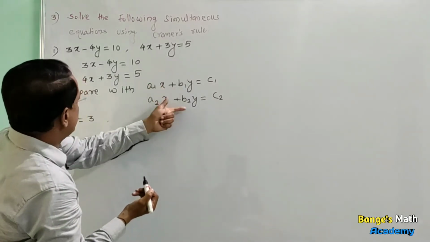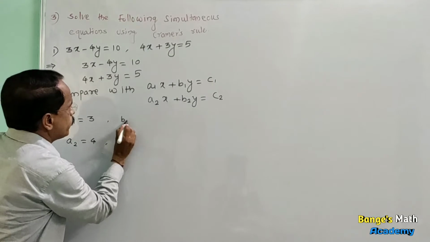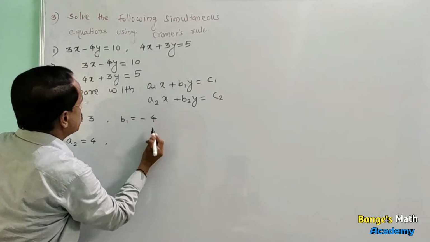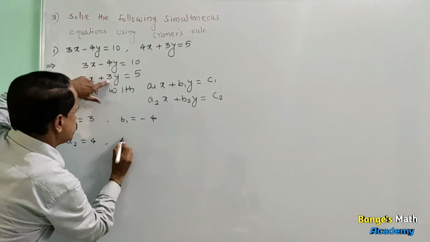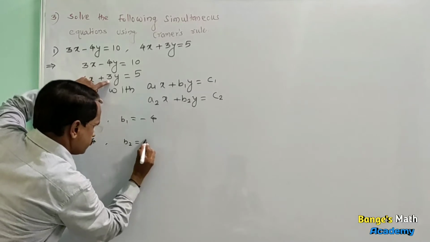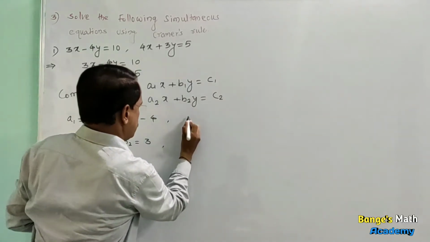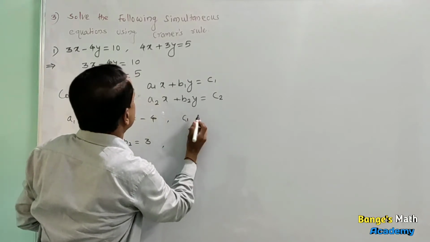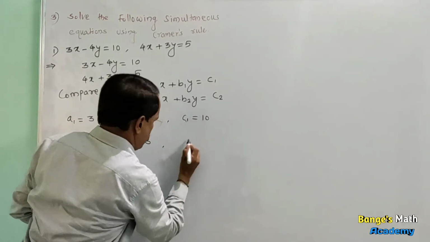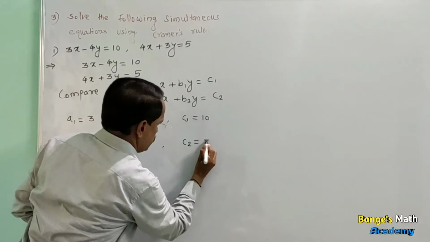The values of b1 and b2: b1 is minus 4, b2 is 3. The value of c1 is 10 and c2 is 5.